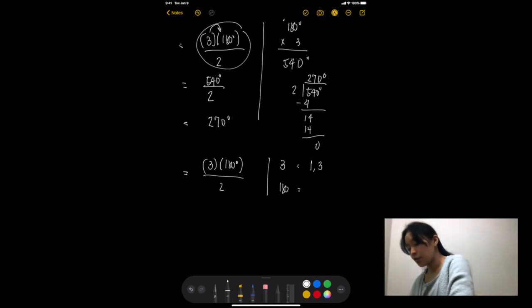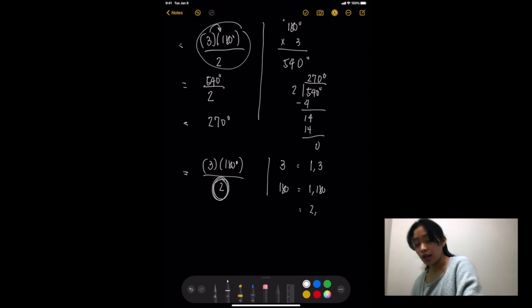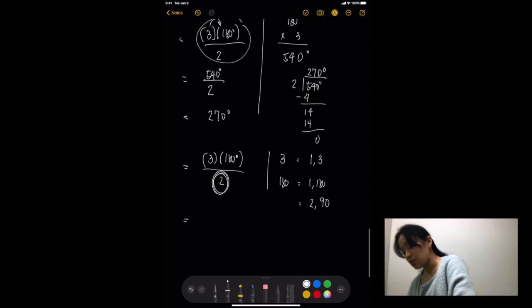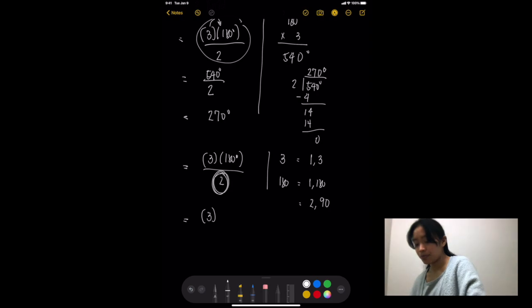So the factors of 3 are just 1 and 3. As for 180, it could be 1 and 180, but we're actually looking for the counterpart if we divide it by 2. It could also be 2 times 90.